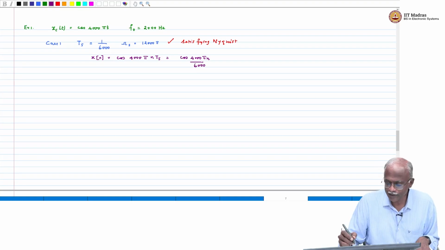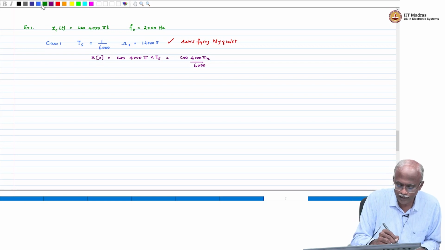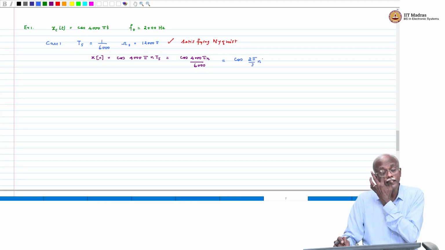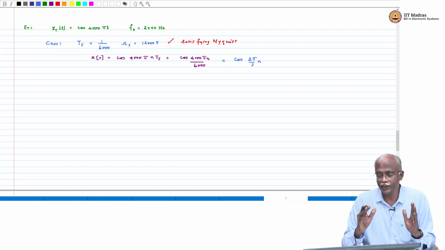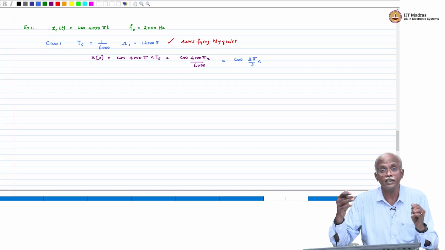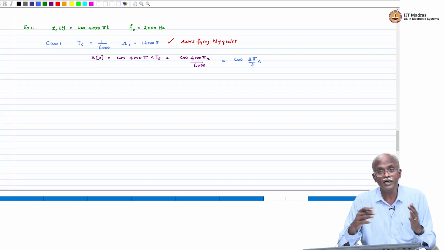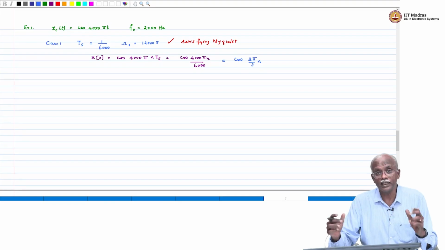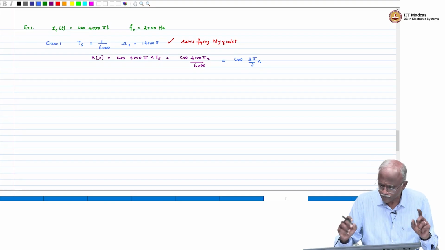This gives us the expression cosine 2 pi by 3 n. It's a discrete time sinusoid which has a frequency 2 pi by 3, which is 120 degrees. That's what the radian frequency is.